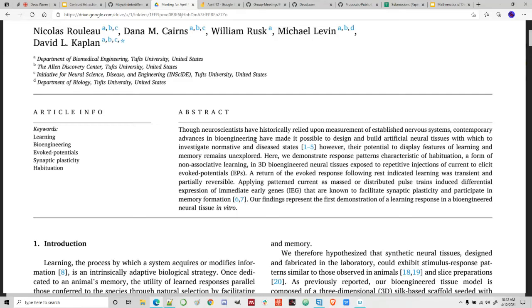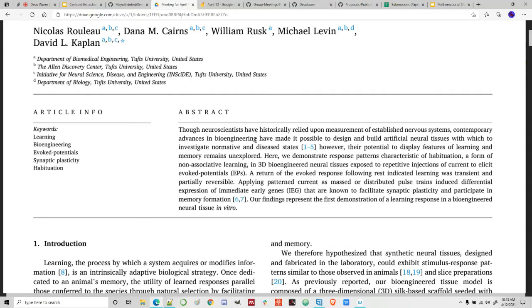So what they did was they took current and delivered it in different patterns. They either deliver it in a bunch of trials almost simultaneously, or they distribute it over time as a series of pulses, like maybe once every 2 seconds. And then they look at the effects. In both cases, they induce differential expression of immediate early genes, which are an early marker of synaptic plasticity.